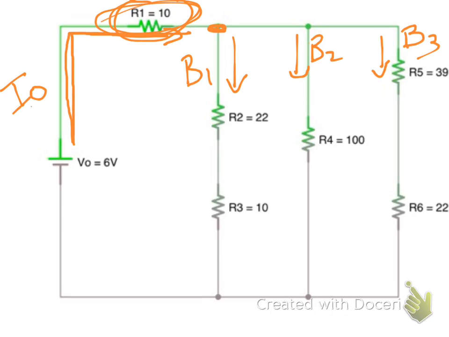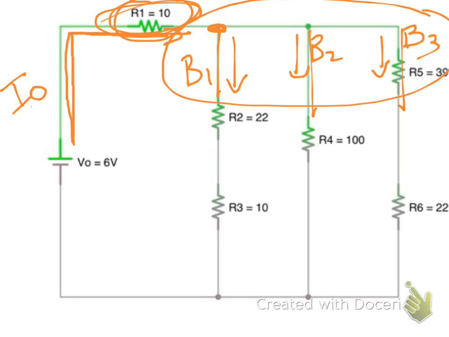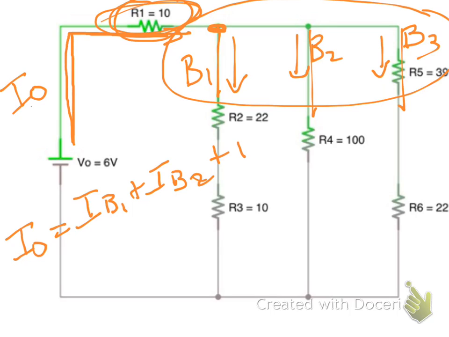It's then going to go down branch 1, branch 2, branch 3. All those branches, if I added up the current, are going to add up to my total current. So I0 equals the I of branch 1 plus the I of branch 2 plus the I of branch 3.